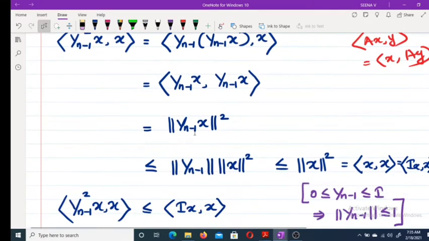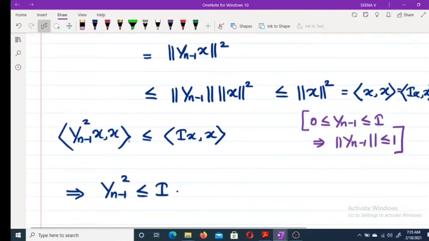This is equal to norm of yn minus 1 x whole square, and this is less than or equal to norm of yn minus 1 into norm of x square, and which is less than or equal to, since norm of yn minus 1 is less than or equal to 1, norm of x square, and this is inner product xx, and that's equal to inner product Ixx. So we get yn minus 1 square x, x is less than or equal to Ixx.